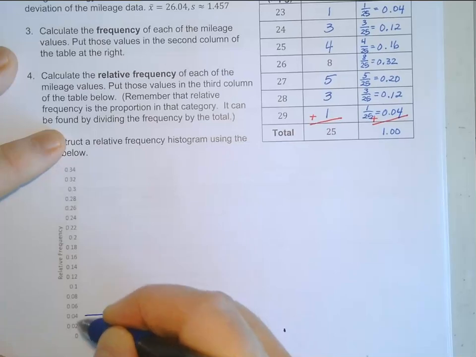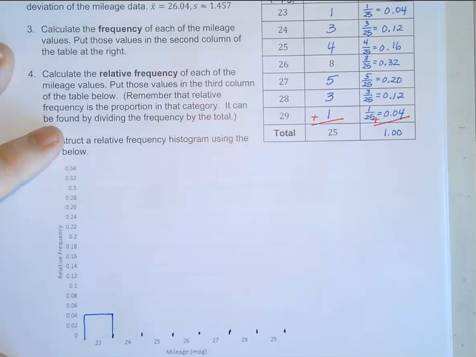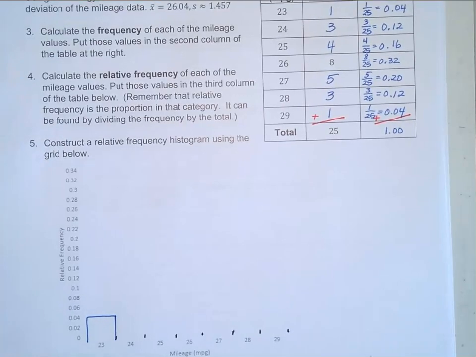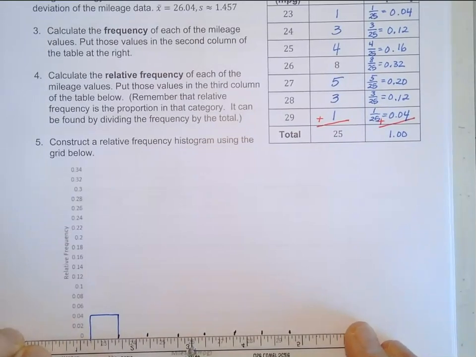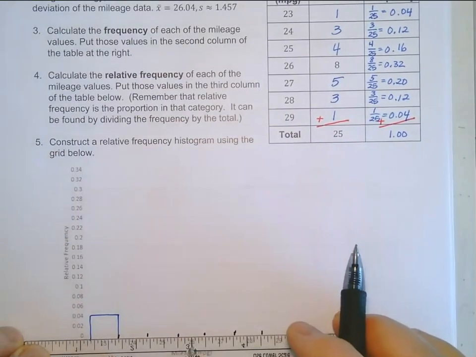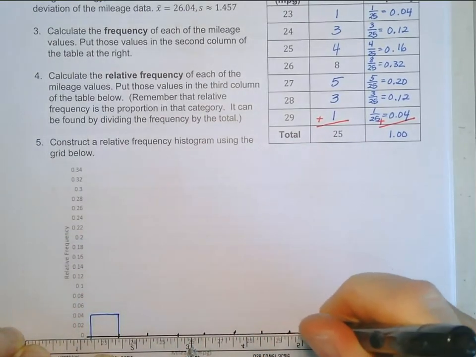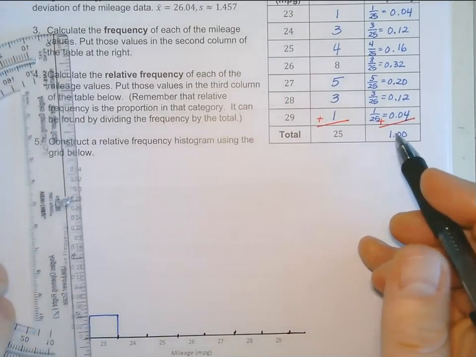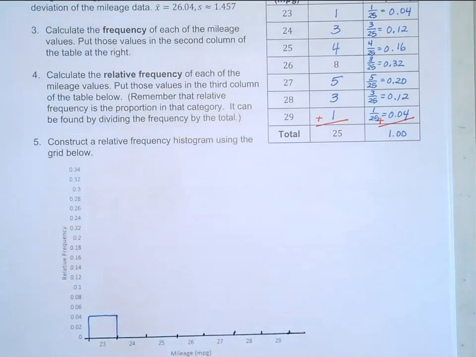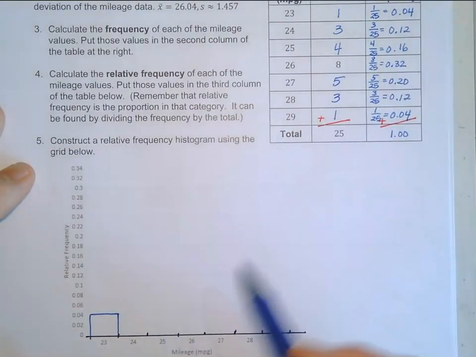We're drawing a histogram, so it's going to be these bars. I think just to make it a little better, I'm going to draw in this grid line here. I think that's fine. Okay, so we have that one. And then the next one is 0.12 for 24.